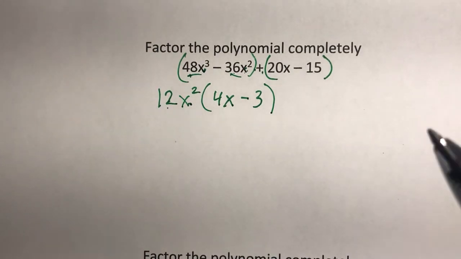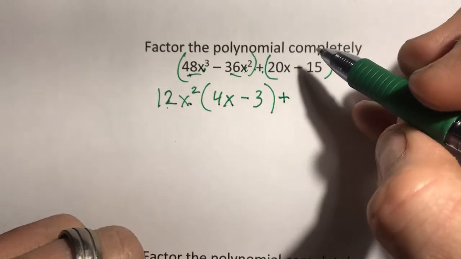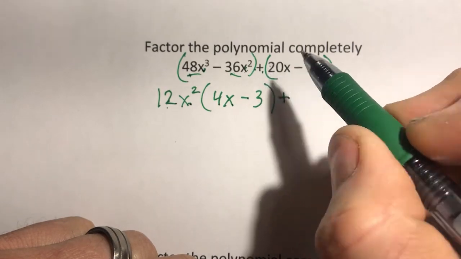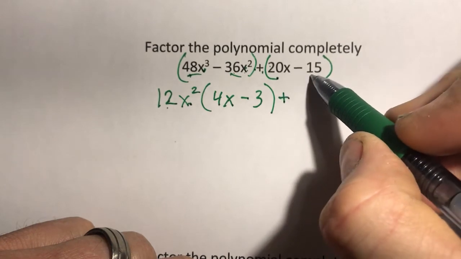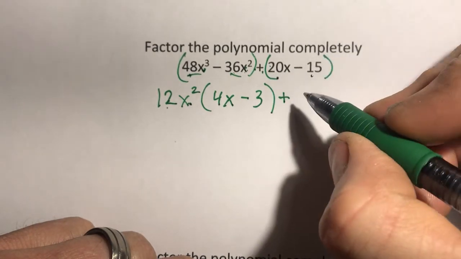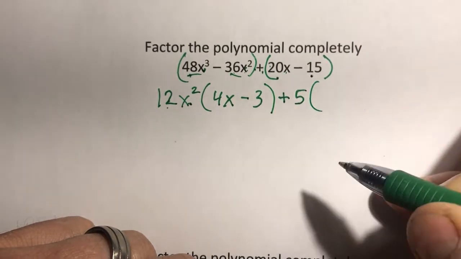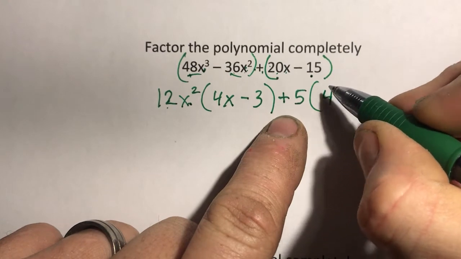Okay. Then the next one here, now since this is a plus here, we'll put a plus there. And because this term here is positive, so 20 and 15, I think 5 goes in both of those. And this has an x, but that doesn't. So there you go. That's what I can pull out of it. So now 20 divided by 5 is 4. I've got an x.